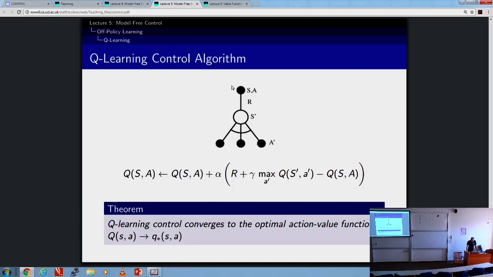So this is almost exactly like SARSA, except the last A prime has a max in it. Okay? So now my update, I'm going to move my Q(S,A) at the very top toward immediate reward R plus the value of the maximum value action, whether or not I take that action. Okay?